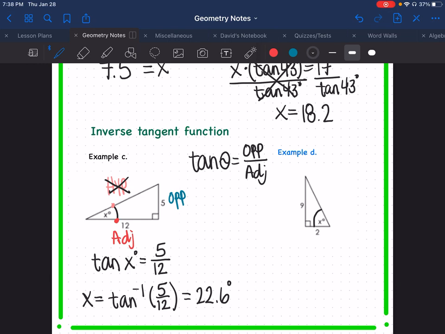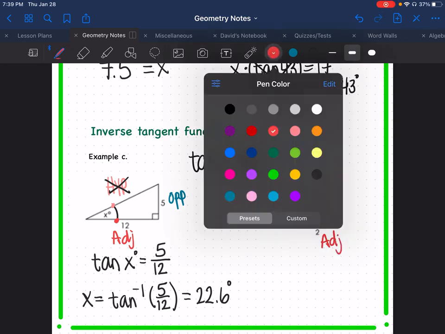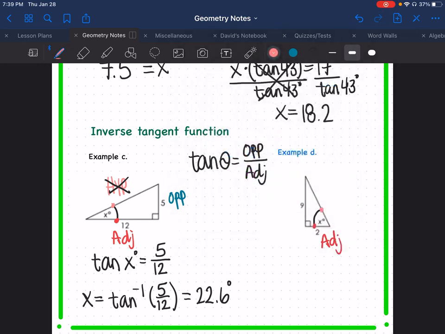Last one, yay! Here would be my adjacent because it has the 90 degrees. Here would be my hypotenuse, which I am not going to use because it is not marked. And here would be my opposite.